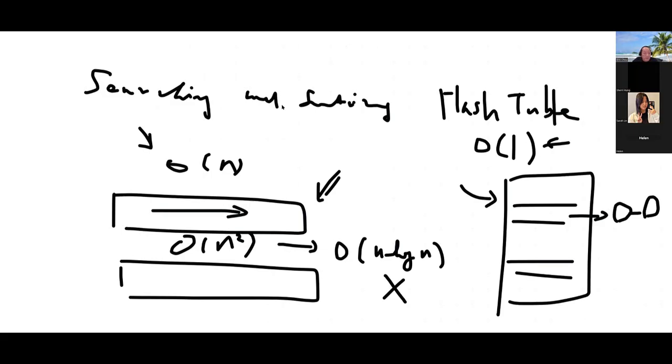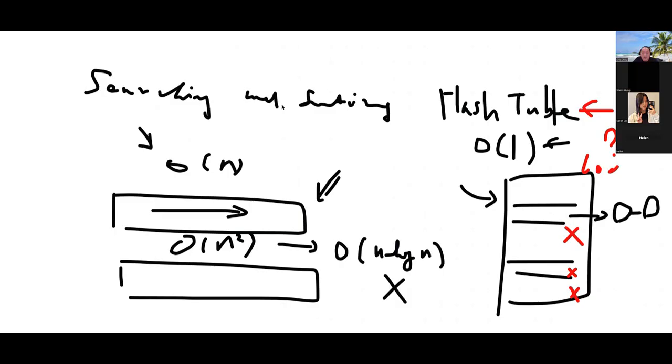But there is one major problem with the hash table. So Helen, what's the problem with the hash table? That it takes up a lot of space. Yeah, because you may hash to some locations, but a lot of locations are wasted, and there's a loading factor problem.